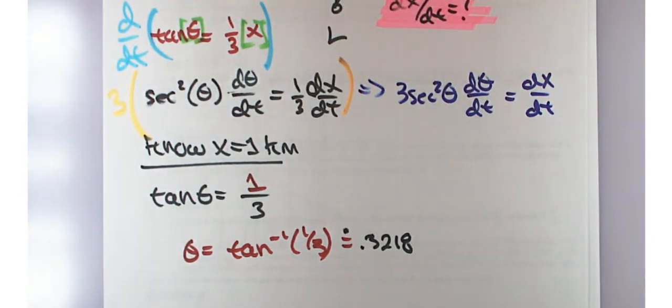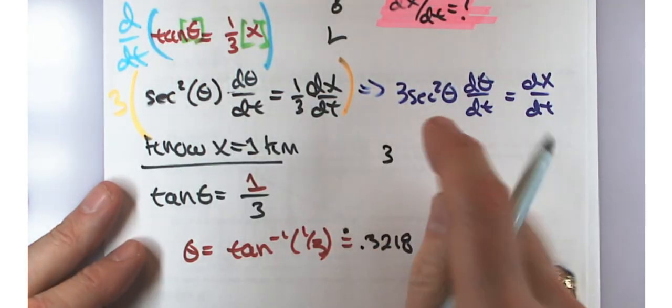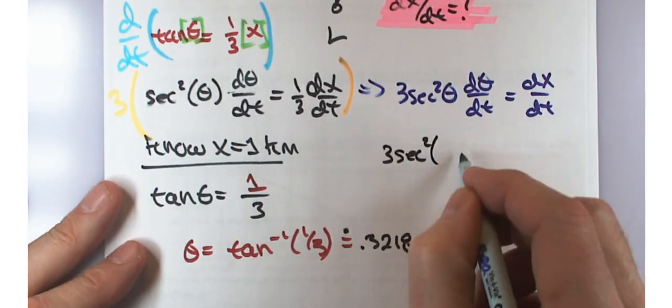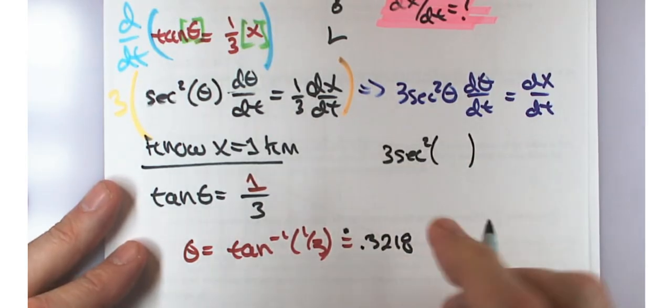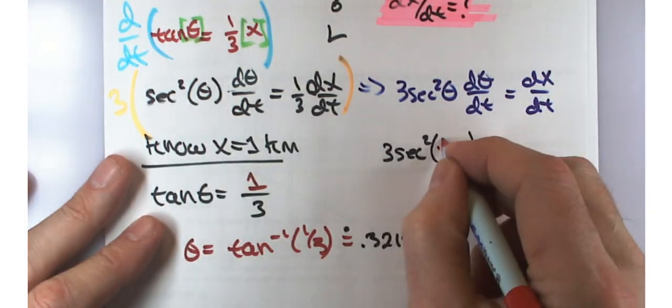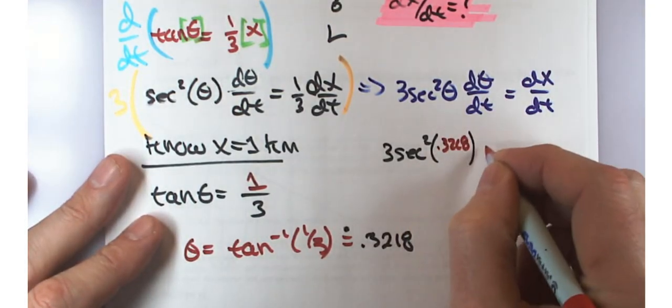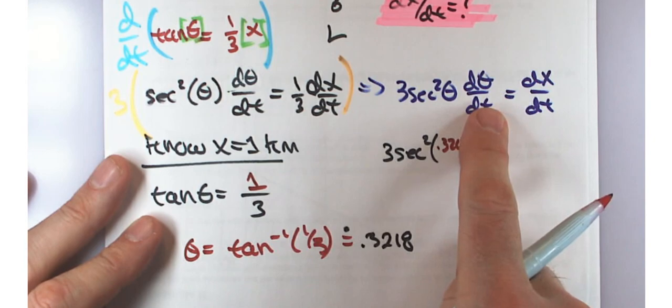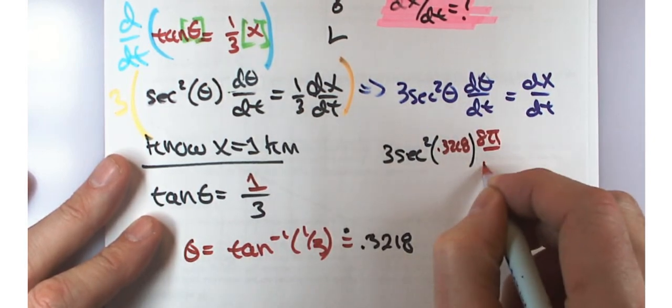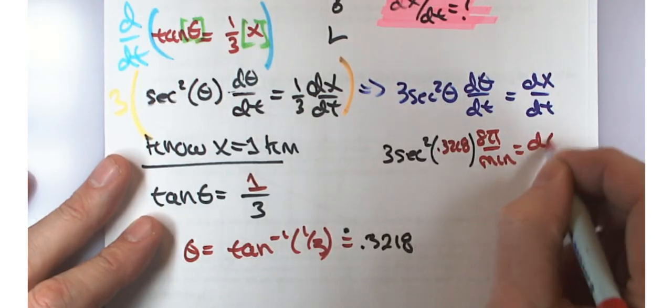So let's plug that in and see what we can get. It's going to be 3 times secant squared of 0.3218 times d theta by dt. And d theta by dt was 8 pi per minute, equals dx by dt.